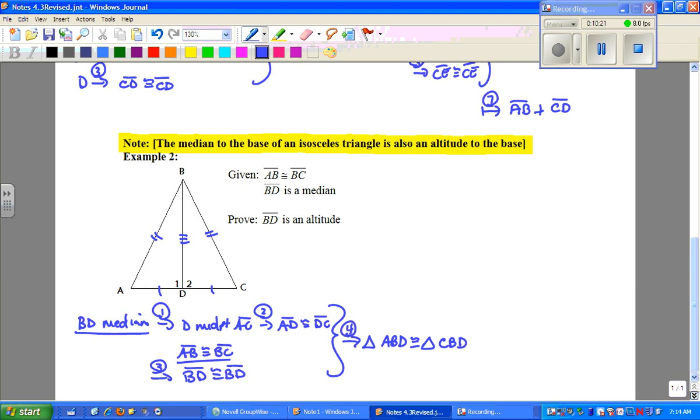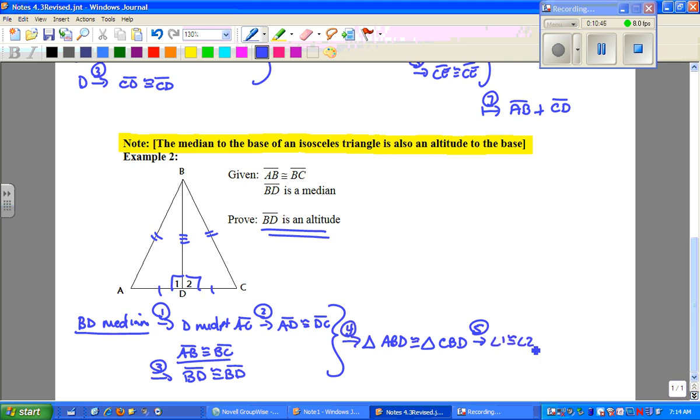All right, let's take a break here. All right, welcome back. So what do we have? We have BD is an altitude. So that's what we're trying to prove. Altitude causes perpendicular. Perpendiculars come from the right angles. We know CPCTC comes next, so that's a 5. Oh, we haven't used 1 and 2 yet. Look at that. 1 and 2 are going to be congruent to each other.